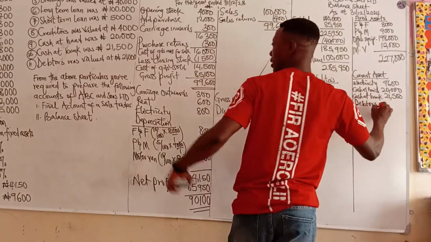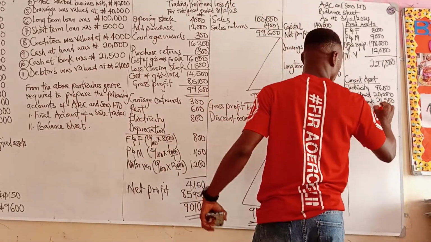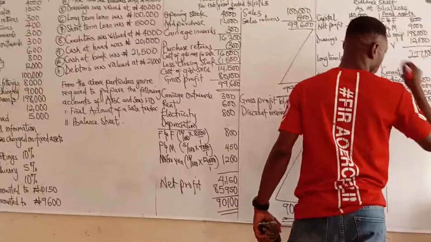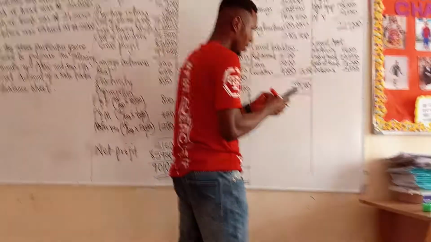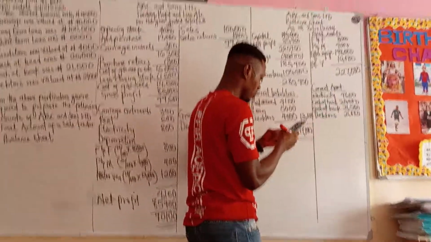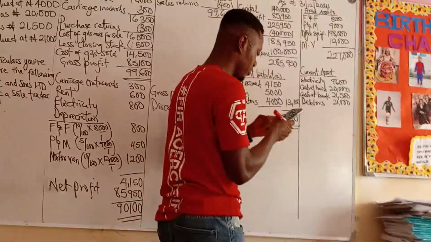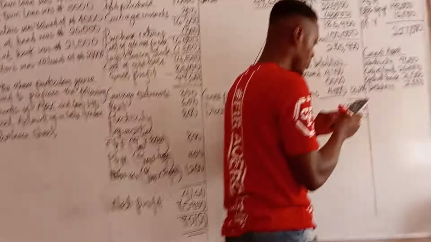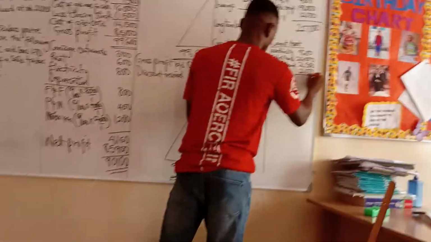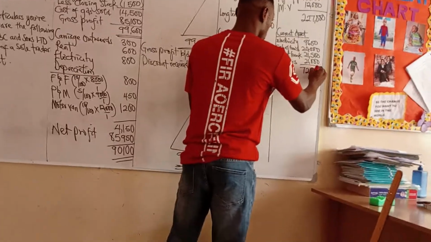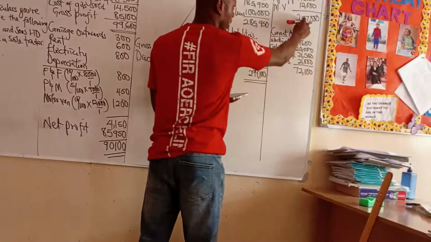So my debtors is 21,000. If we add all this together, I have 21,000 plus 21,500 plus 20,000 plus 9,600. This will give me a total of 72,100.